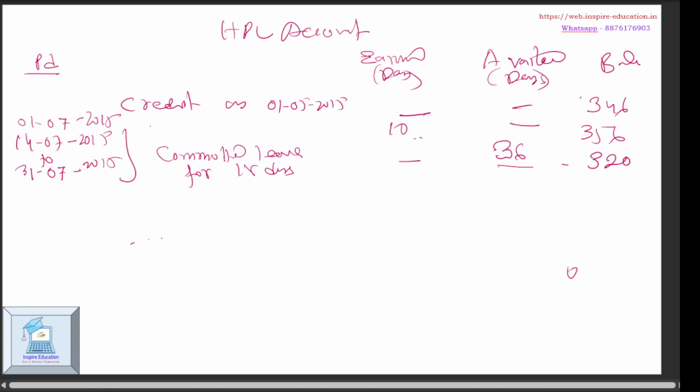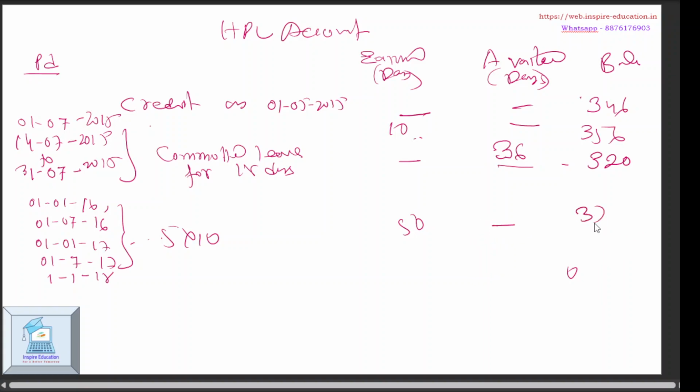So before that, on 1/1/16 there is a credit, then again on 1/7/16, then 1/1/17, then 1/7/17, then on 1/1/18, 1 2 3 4 5, 5 into 10 days credit, that means 50, so it will be 370 days.